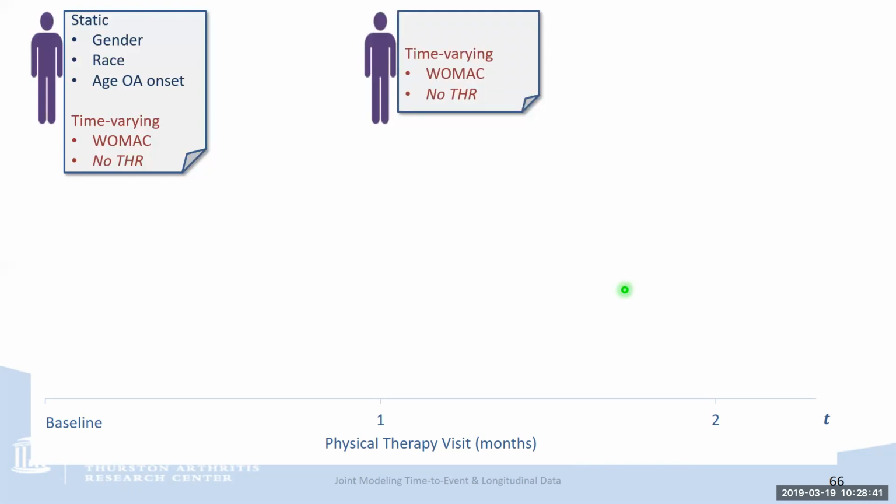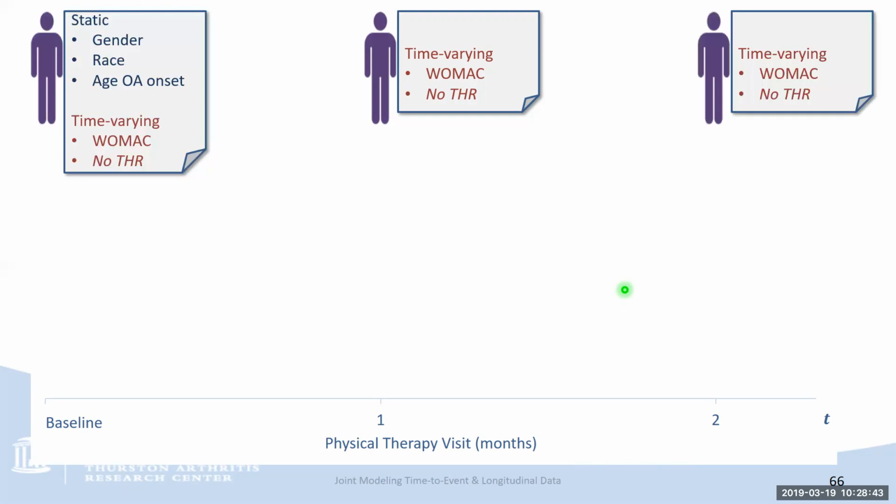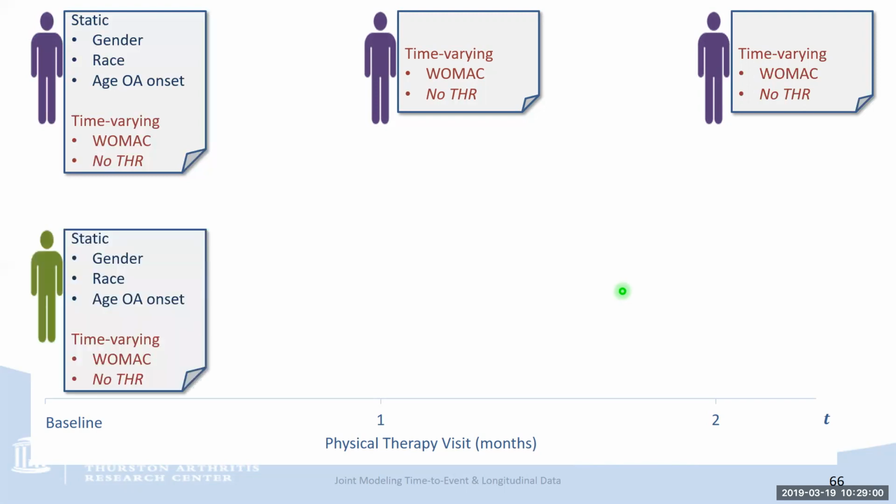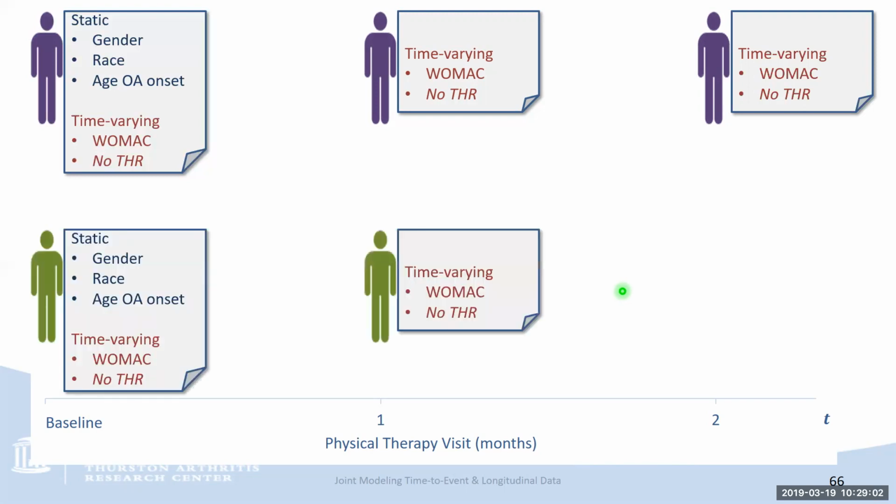If the patient had the surgery, the office manager will have the date of surgery from the hospital, and failure time may or may not be observed. If we don't observe failure time, we have censoring time, which is the date of the last visit.